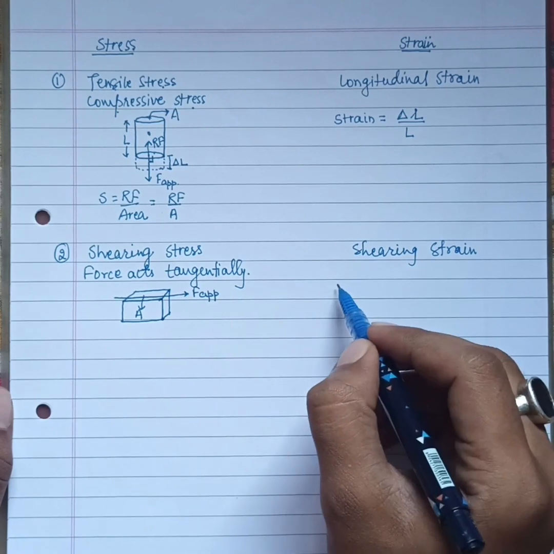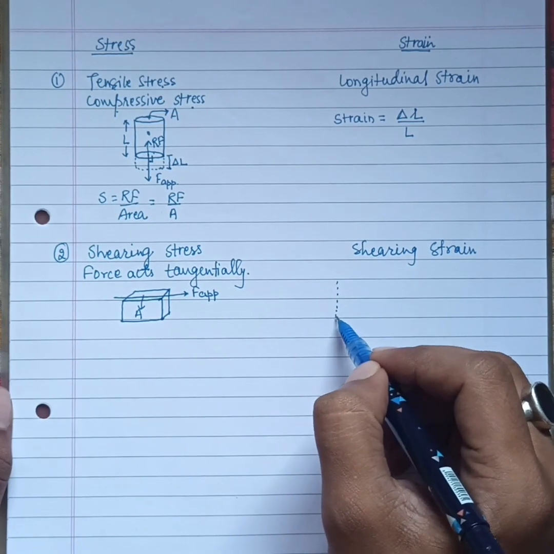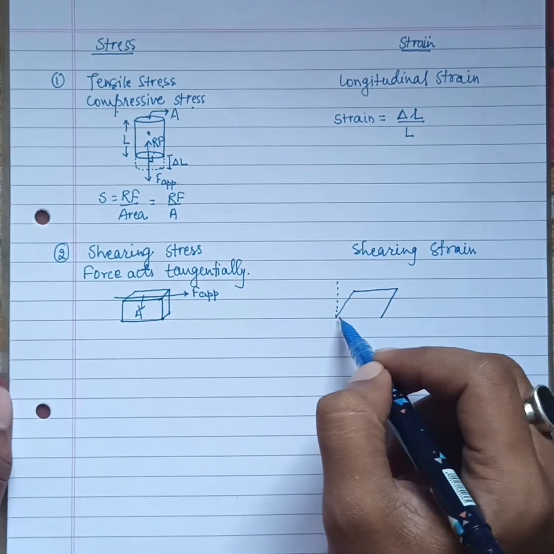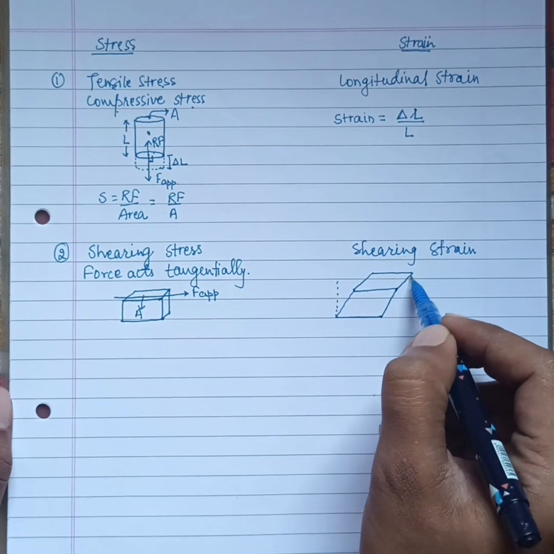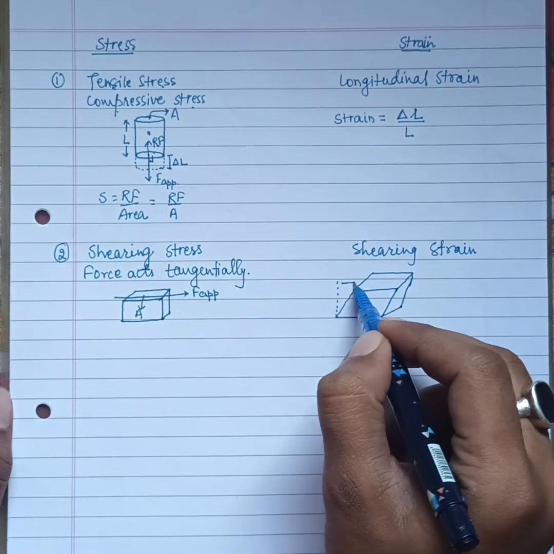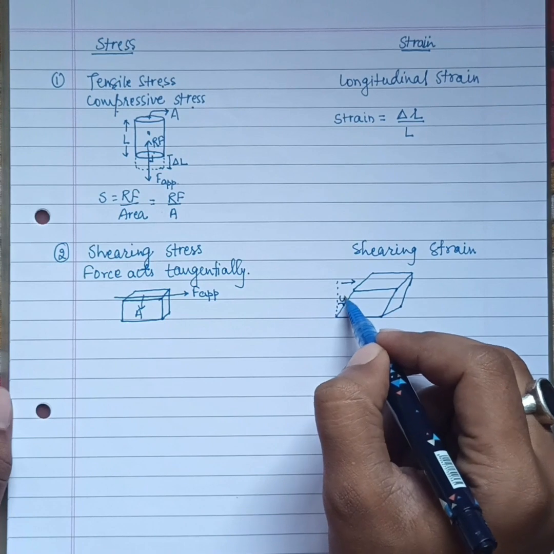This was the original configuration. When we have applied the force tangentially, it became something like this, and this is due to the stress, due to the force applied. Let us consider the deformation is angle theta.